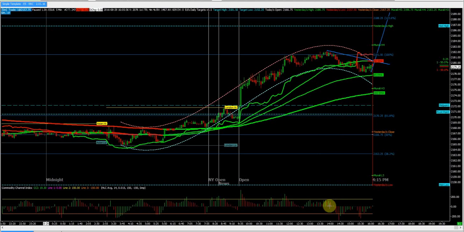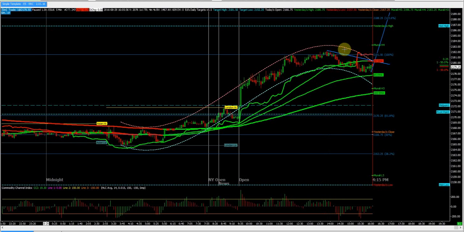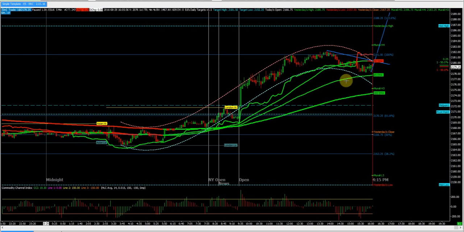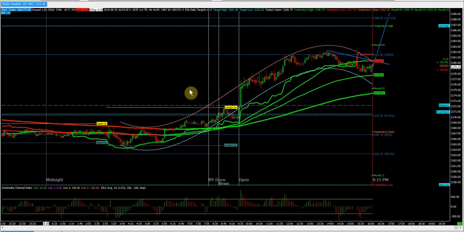You'll see that right up in here, where it definitely crossed below the zero line. What did the market do? There's a definite pullback. But even if you'd ridden this thing all day long, you still would have made some nice coin if you got in right down here at 2170.25, right around in here.